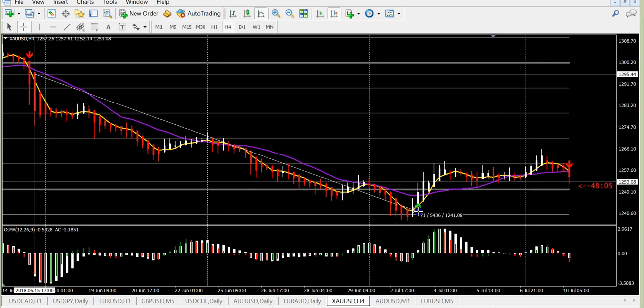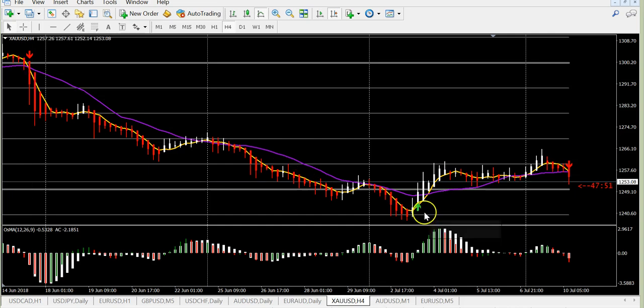What we say is when you get the opposite arrow, so in this case green, this is the final position when we go out, and we made 543 pips.